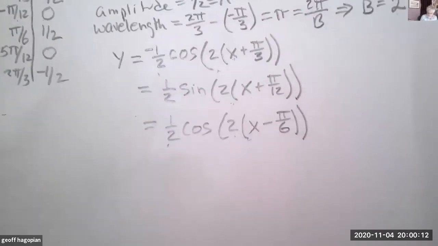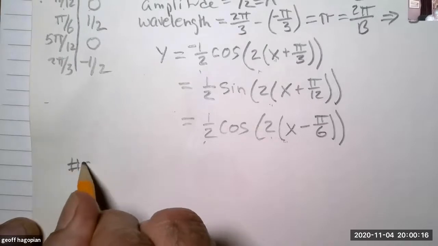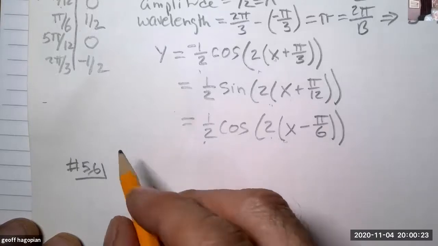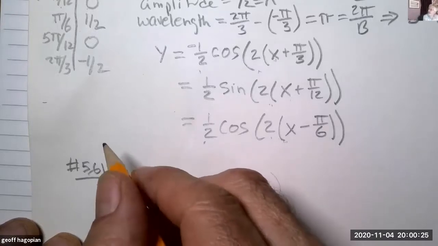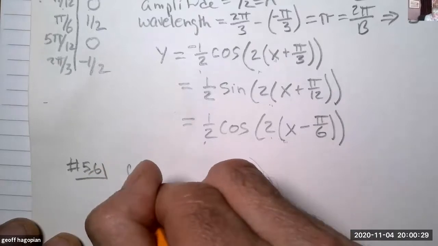So this is number 56, and here's the function: f of x equals 3 times the sine of 120x.